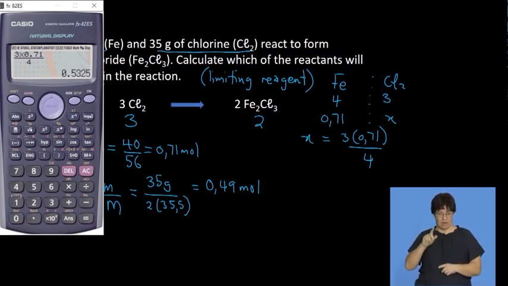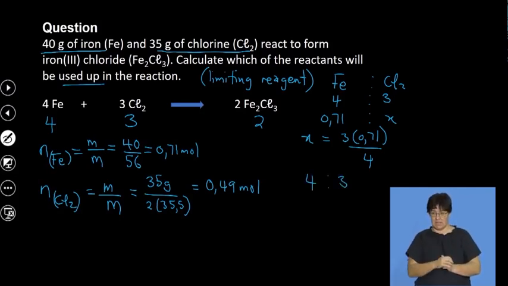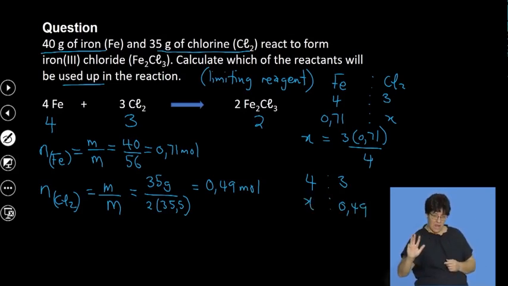Now let's do it the other way around and use the same ratio of 4:3. Let's say all the chlorine reacts. How much chlorine do we have? 0.49. And for 0.49, how much iron do we need? It's still the same ratio, iron to chlorine.